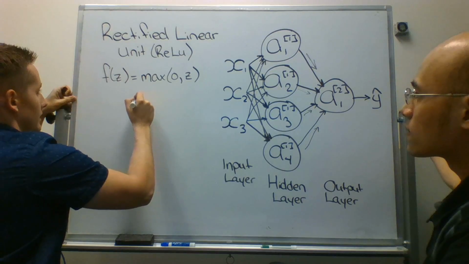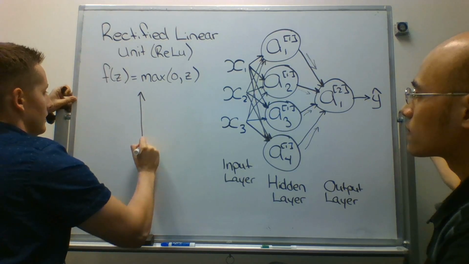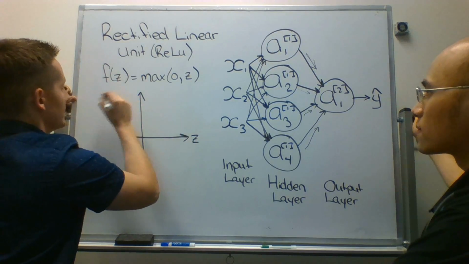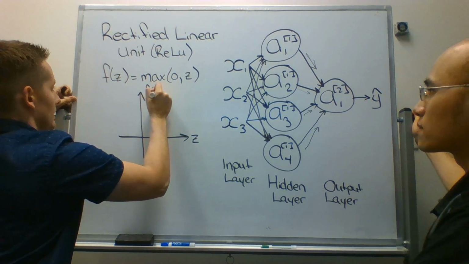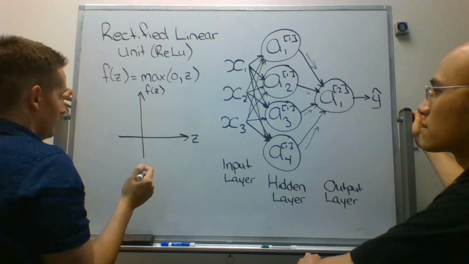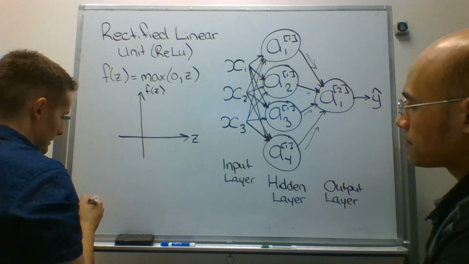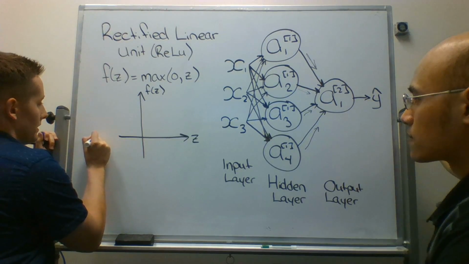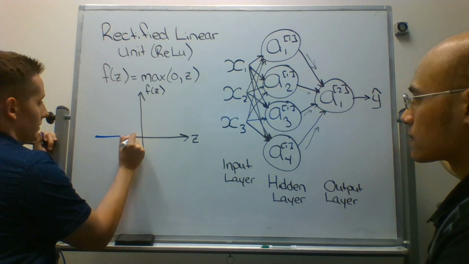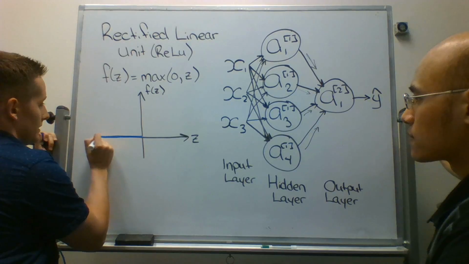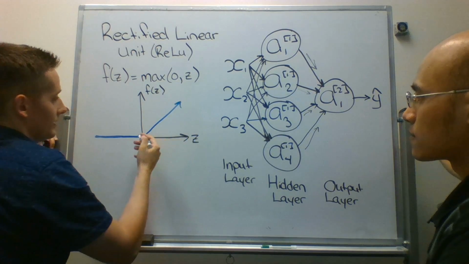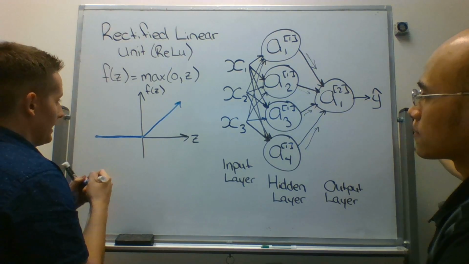And let's draw this. Z, I put my crosses, f of z, and this follows, it's always 0 until it goes past 0, and then it goes up at a 45-degree angle and is just equal to z after that point.